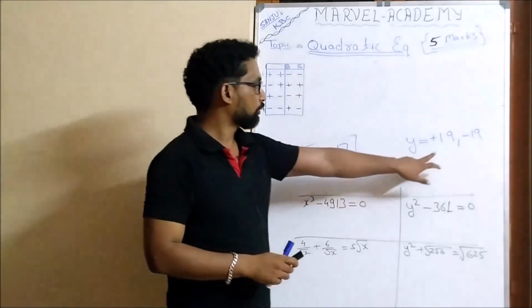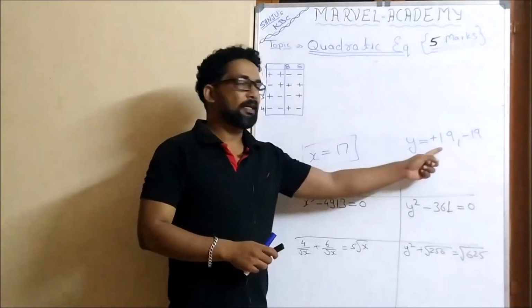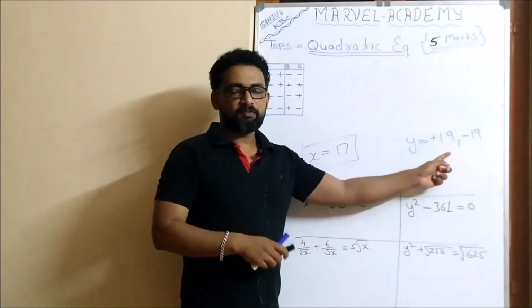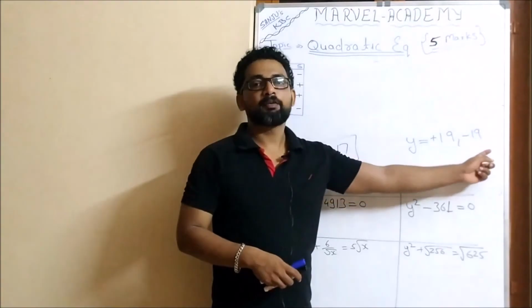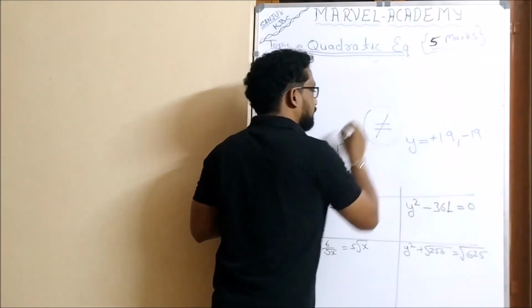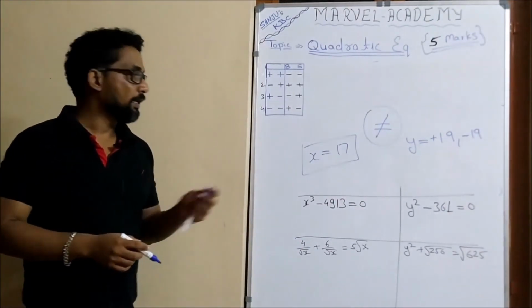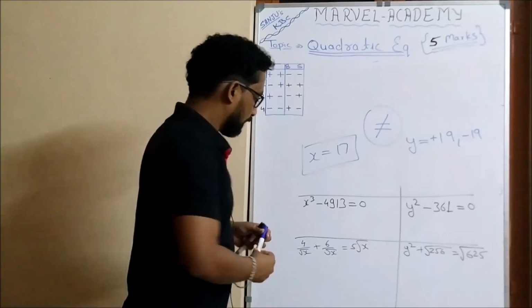So if we compare this, 17 is less than positive 19, but 17 is greater than negative 19. So we can say that we cannot establish the relationship.